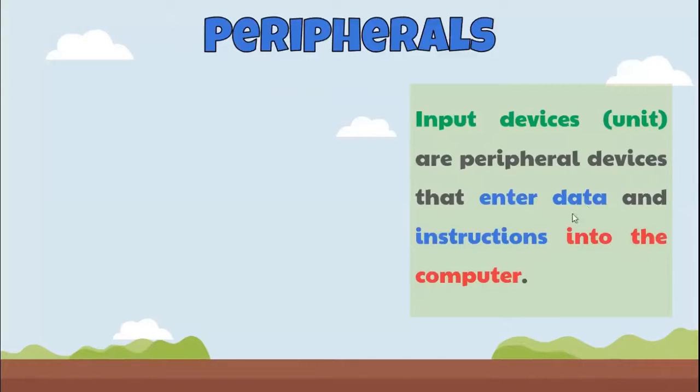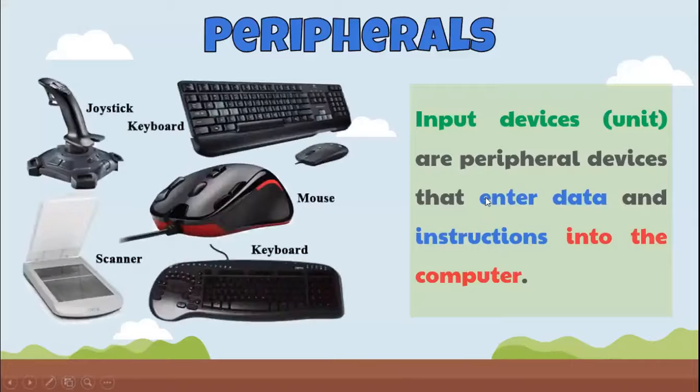Like the mouse, you can click it. Like the keyboard, you can enter, for example, keys and words. And the other one, for example, as you see here, scanner, for example, joystick for playing games, especially airplane games, flight games.